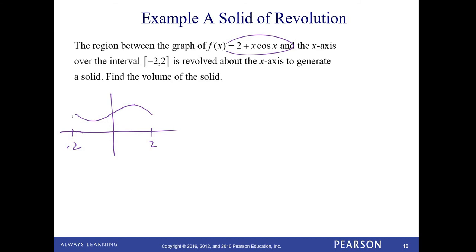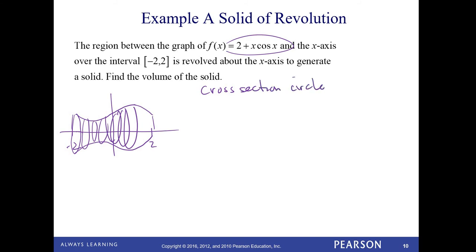Since I'm going to rotate this, I'm going to imagine spinning this around the x-axis, and I'll get a whole bunch of little cylinders that are circles. So my cross section is a circle, and it's a full circle, not a semicircle. The radius of this cross section is my function, 2 plus x cos x.